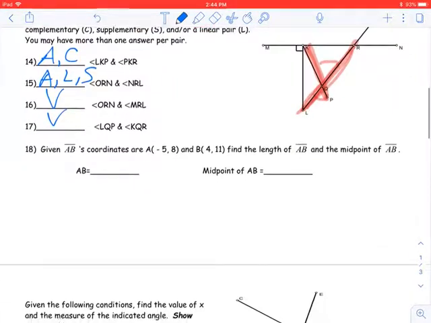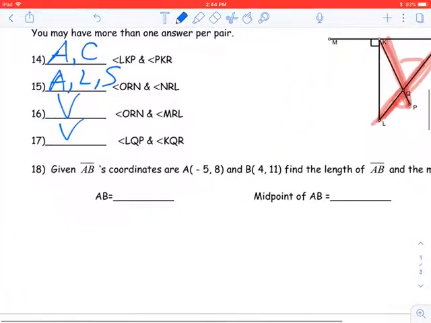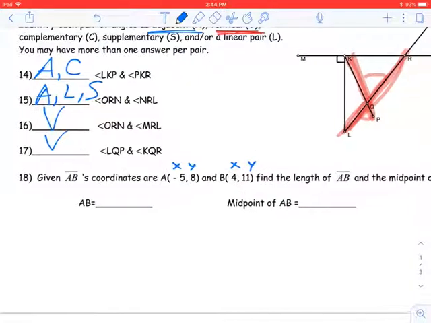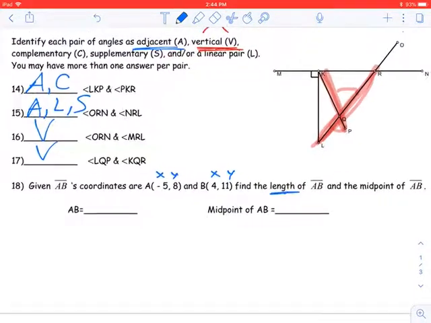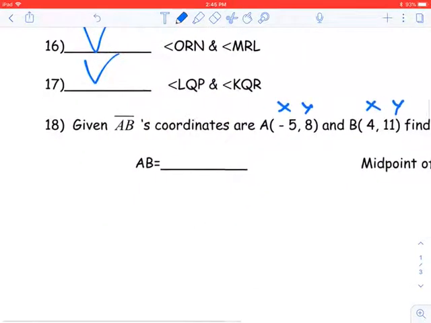Okay. So the last one here, this is given these 2 points, so X and Y. Find the length and the midpoint. So I'm going to find the distance using the distance formula first. So remember your distance formula. It's the difference of the x's.